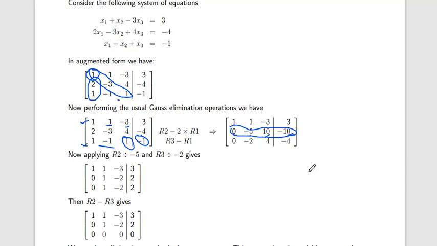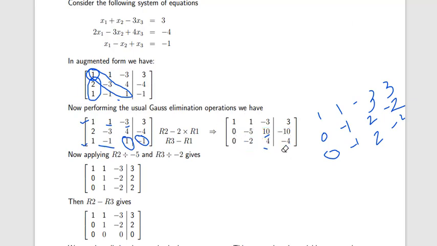So we will get 1 1 minus 3 3, here 0, 0 divided by 0, minus 5 divided by minus 5 is 1, 10 divided by 5 is equal to 2, and minus 10 divided by 5 is equal to minus 2. Now here also it is a multiple of 2, so we can divide it. Yes, 0 minus 1 2 minus 2.